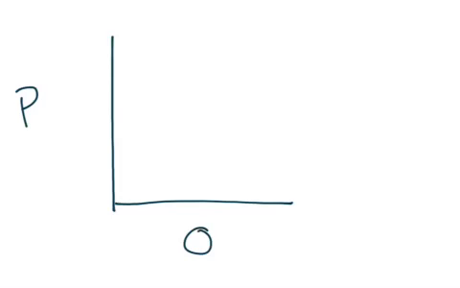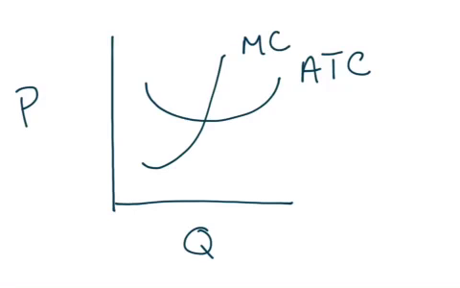Okay, so now what we're going to do is draw a demand curve for a monopoly firm that is experiencing profit. When you're drawing these curves, I would still recommend starting with the average total cost curve, as we did before, and marginal cost. Then you draw in the downward sloping demand curve.